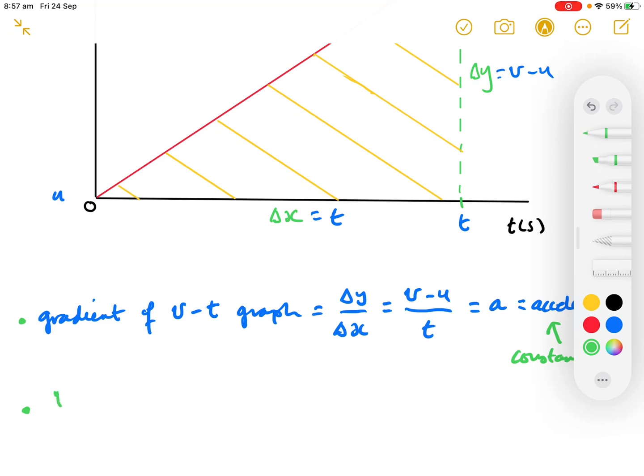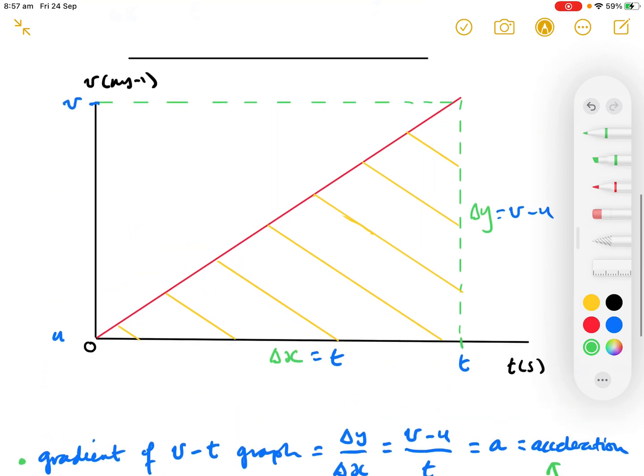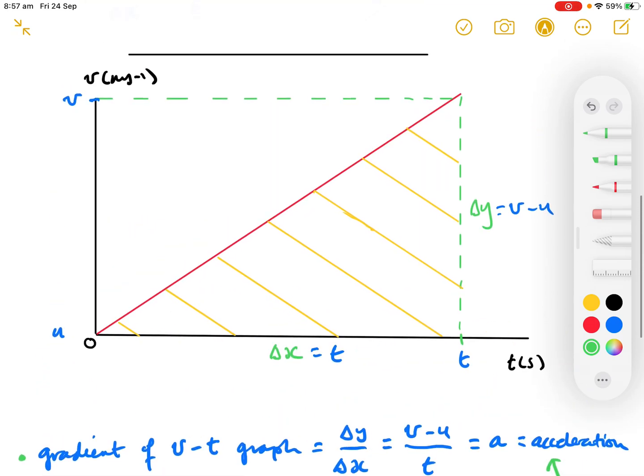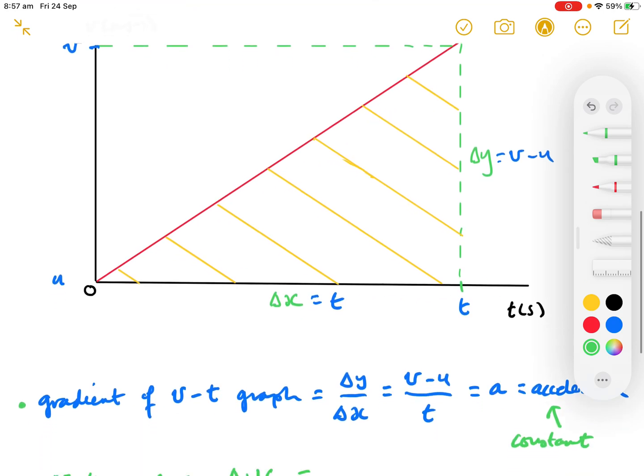For a VT graph, we can always say that the area under the graph is half the base times the height.